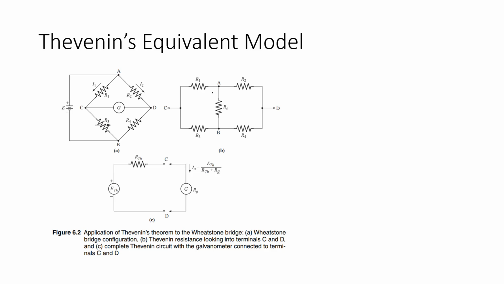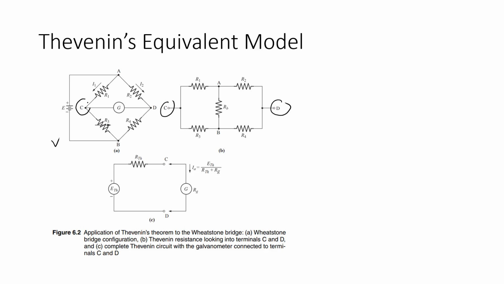We can use the mathematical model of the Wheatstone bridge using the Thevenin equivalent circuit, as you can see in figure 6.2. This is the Wheatstone bridge configuration, and if we want to draw another form of this Wheatstone bridge, we can use the Thevenin circuit. We look at the circuit from C and D here.